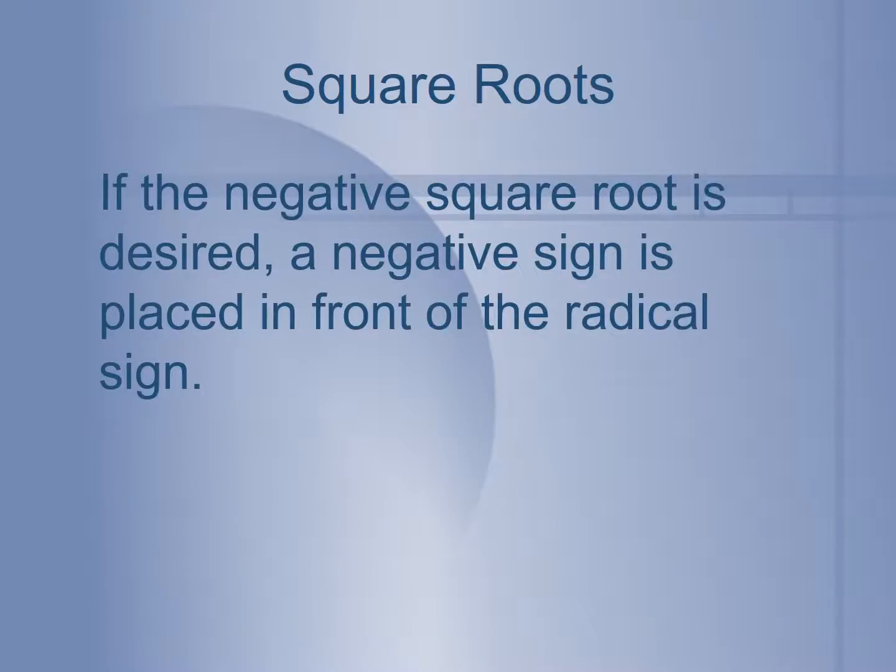If we want the negative square root, we will put a negative sign in front of the radical sign. So for example, if I want the square root of 9, I'm just going to list the principal root, which is 3. And if I wanted the negative root, then I would say, what's the negative square root of 9? And that would be negative 3.